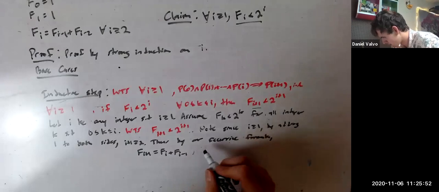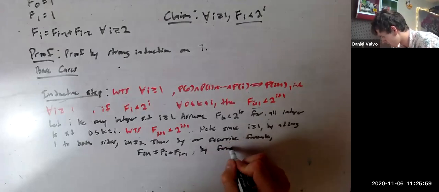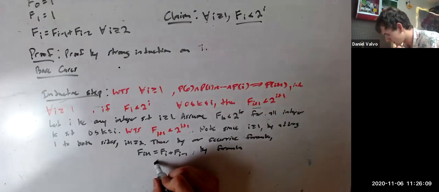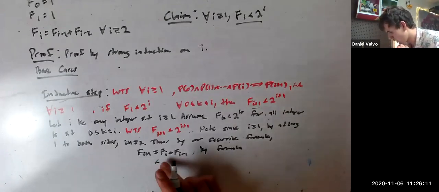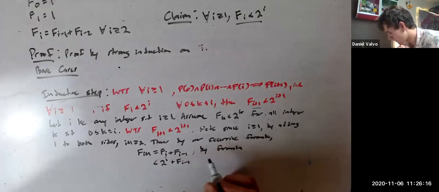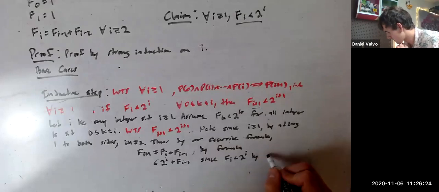All right, and this is by formula. But then notice that this has got to be less than 2 to the i plus f of i minus 1, since f of i is less than 2 to the i by assumption.